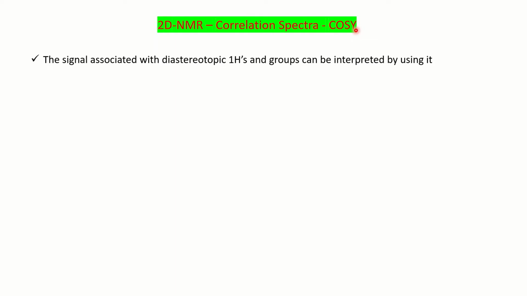Next is 2D NMR, which is two-dimensional NMR, called correlation spectroscopy, COSY in short form. Why do we need 2D NMR?